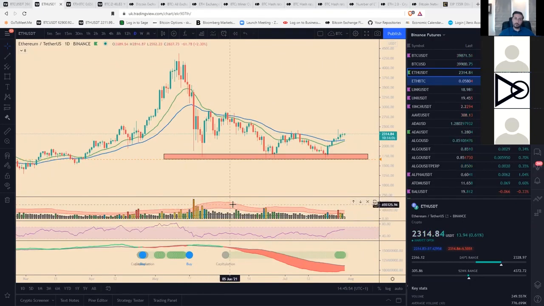Generally, you will have this cloud, the same as for volume spread for VSA, where volume in that cloud is generally relatively high volume. It's all about having relative volume versus previous volume. Ultimately, it's just a volume channel, but we have a cloud here to help us identify relative volume.